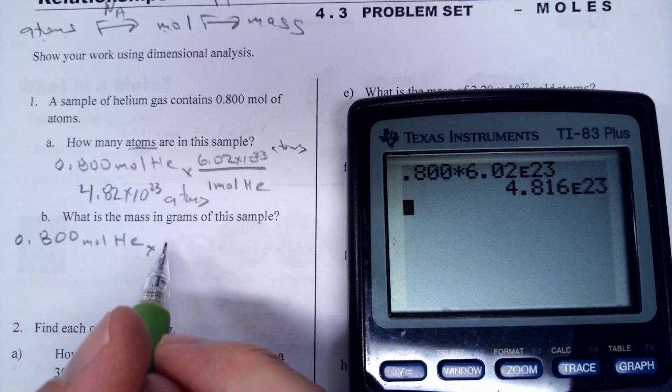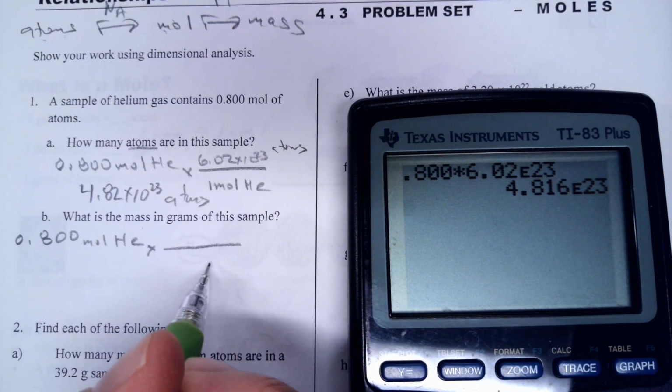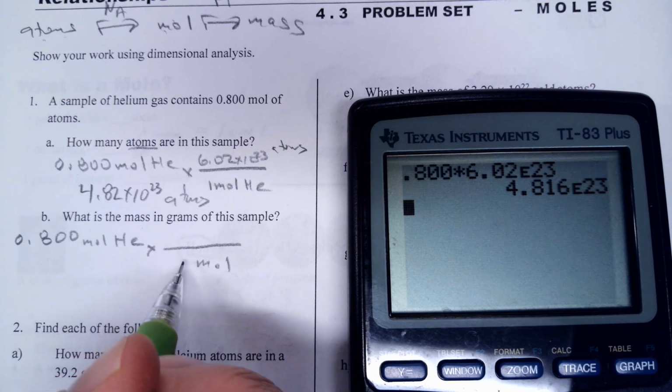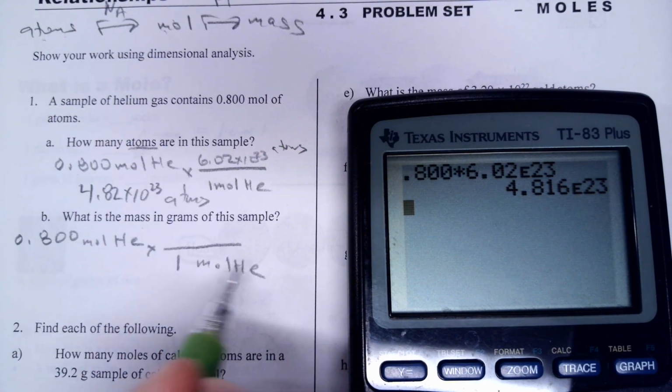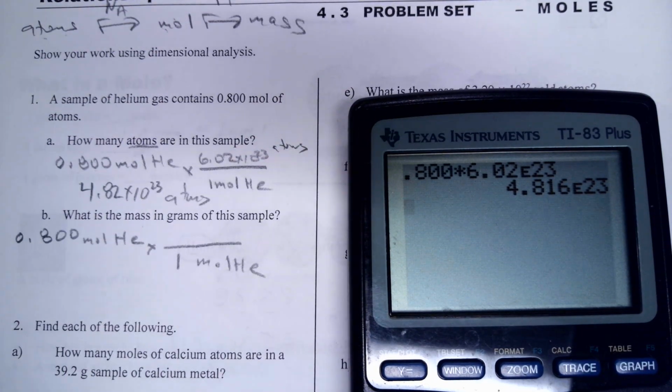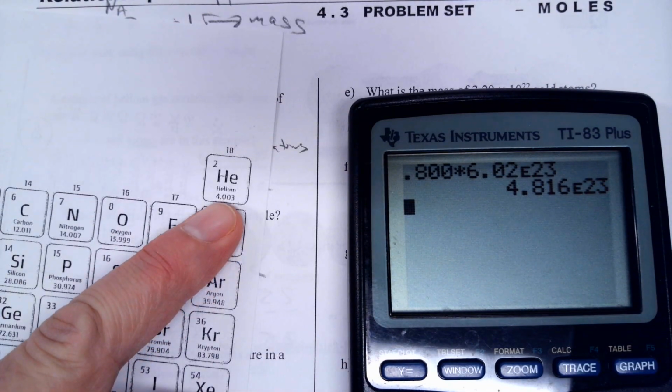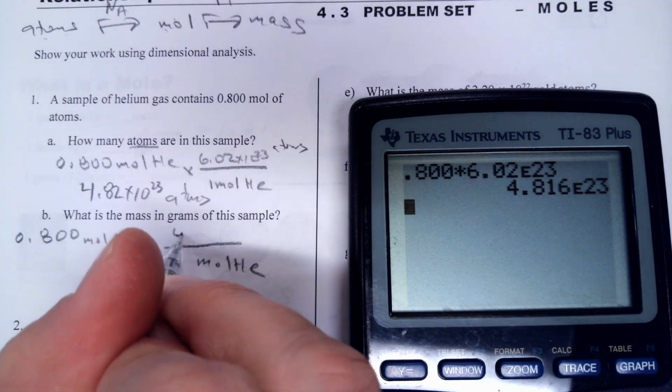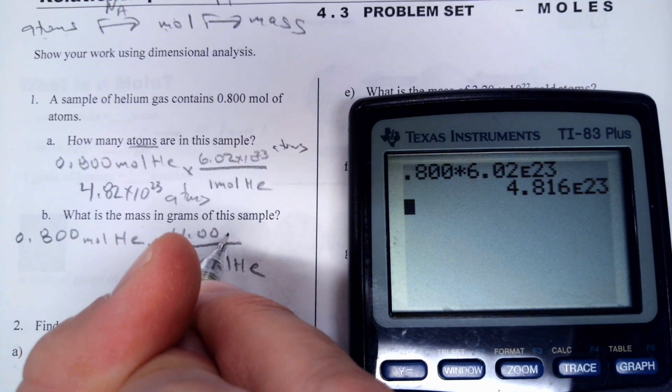And I want to multiply it. Again, if there's moles on top, I'm going to put moles on bottom, and I know that 1 mole of helium, I can just grab from the periodic table, and it's right there, 4.003. I'm just going to round that to 4.00, and that's in grams.